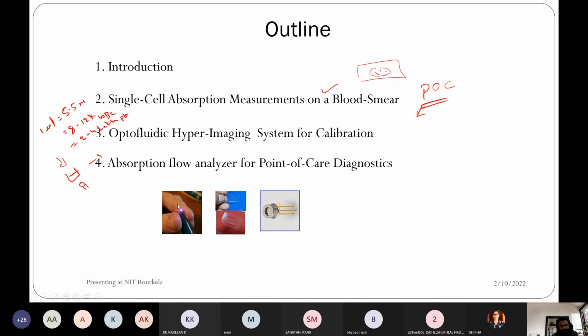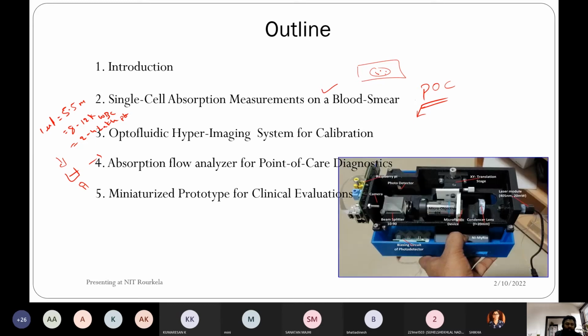I'll talk about how a simple small laser pointer is used, the microfluidic device used for the single cell flow, and the APD, avalanche photodetector, used for signal collection of the cells when they are flowing through it. Then I'll talk about the miniaturized prototype for clinical evaluation.